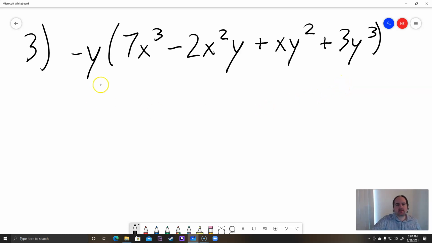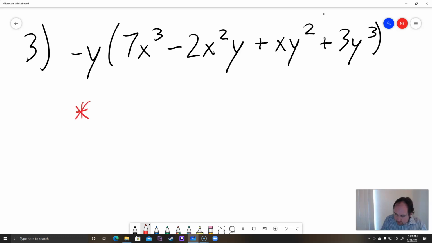Okay, so this is actually a monomial, a polynomial with one term here, times a quadrinomial. Quadrinomial means it has 4 terms. And I think our book doesn't even call it a quadrinomial. They don't even have that name. Okay, but once again, if you have a monomial times another polynomial, you're basically just going to distribute.